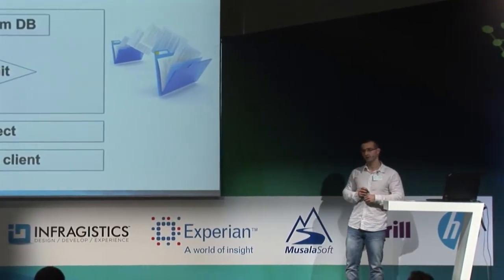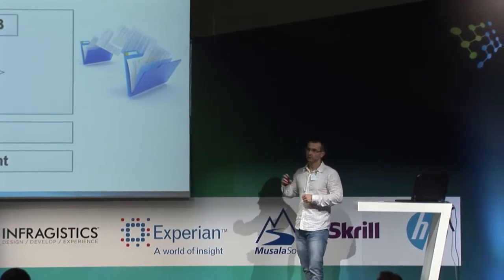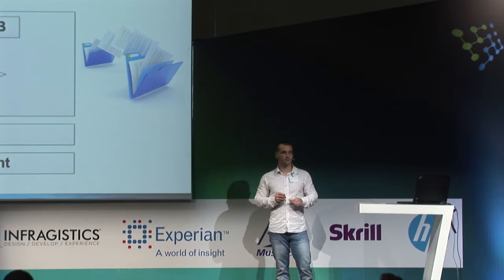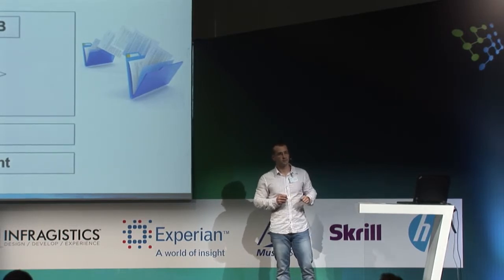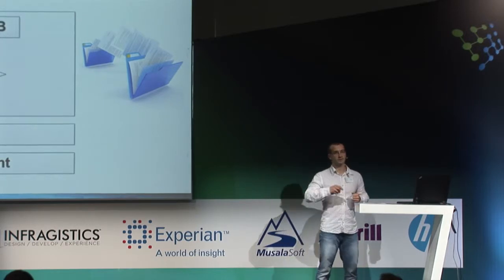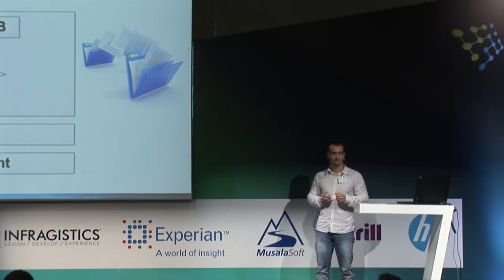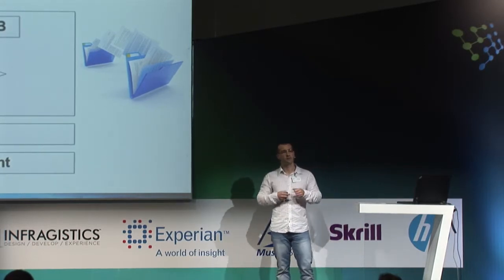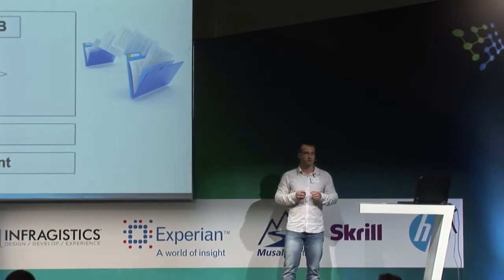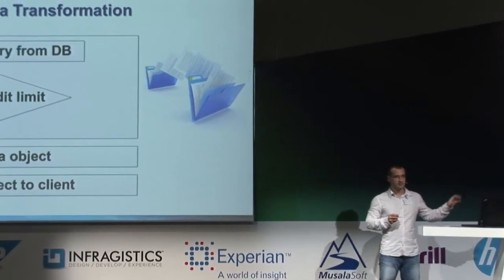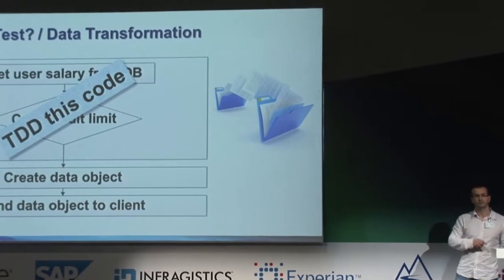For example, in our use case, from the database, we get the salary for the user, but for the client, we need one additional field, the credit limit, which is calculated based on the salary. What we do is make this calculation in our Node.js service, put the credit limit into the data object and send it back to the client. This can be test-driven tested.